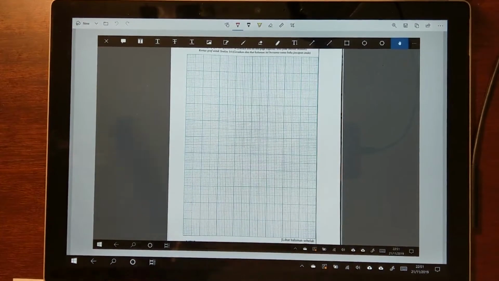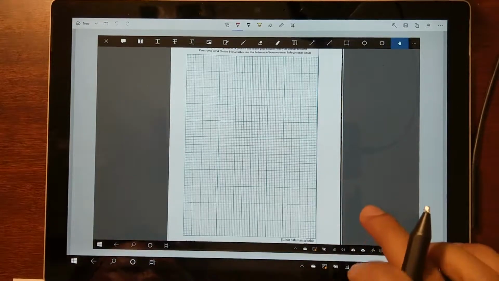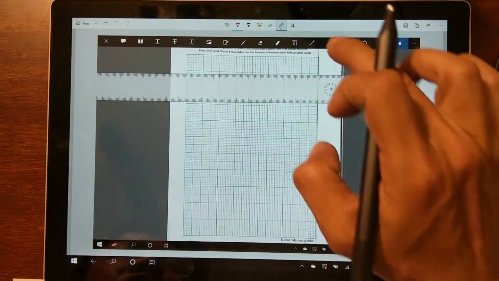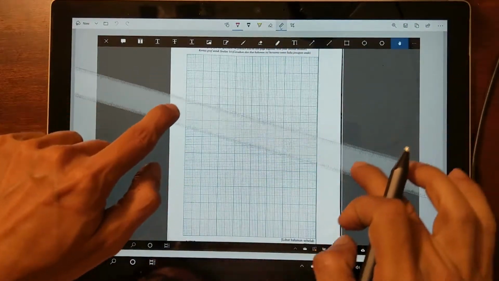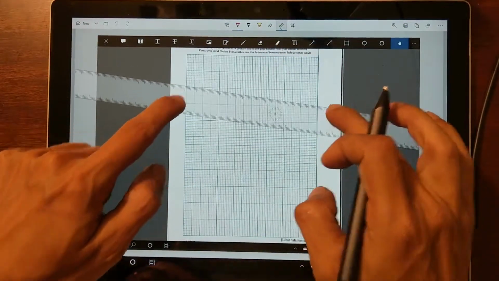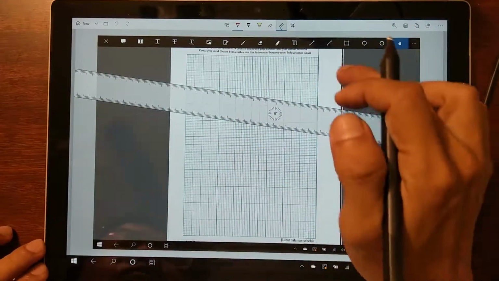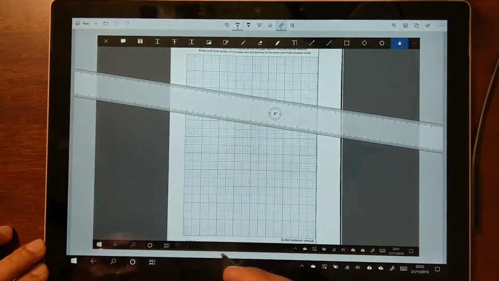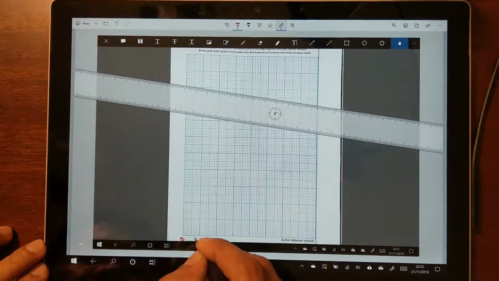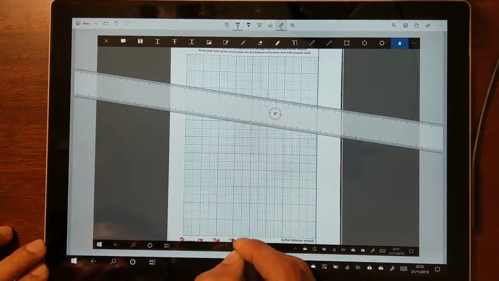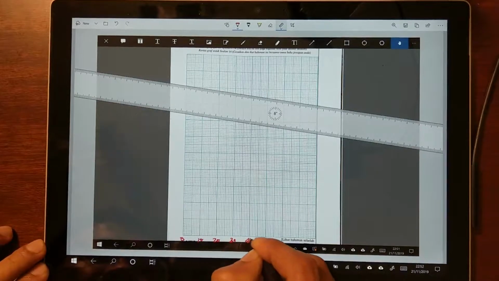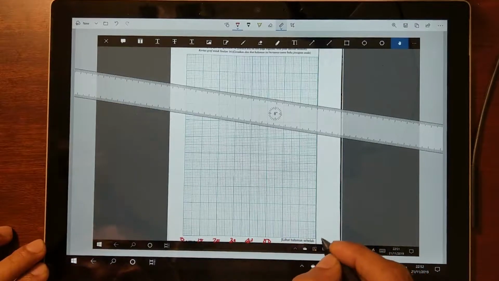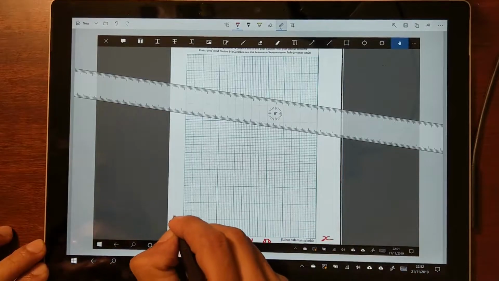So the first inequality was x plus y needs to be greater than 40. That's quite straightforward. Hang on, let me just get some numbers on our axes. Red looks good. So we've got 0, 10 sets, 20 sets, 30, 40, 50, and so on. That's your x-axis.